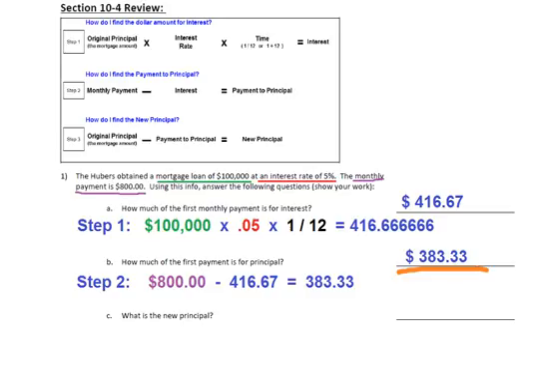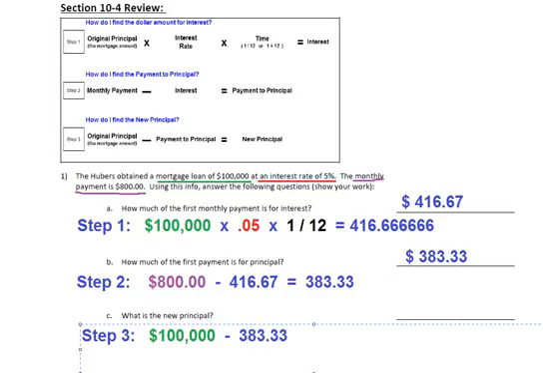So last but not least, we do step 3 for letter C. What is the new principal? So step 3, we take the original principal. Once again, folks, it's that $100,000. And we're going to subtract from it the amount that we were going to pay for our principal, the payment to principal, the $383.33 from step 2.